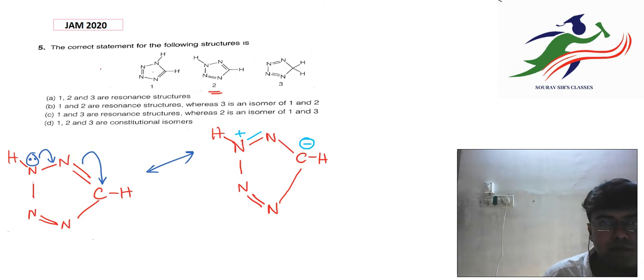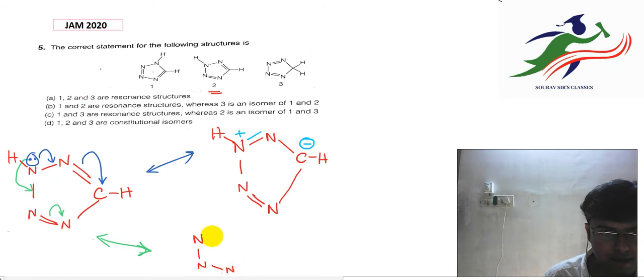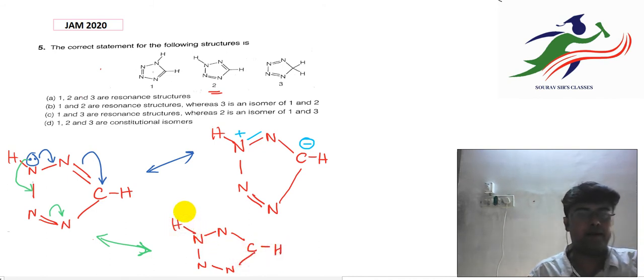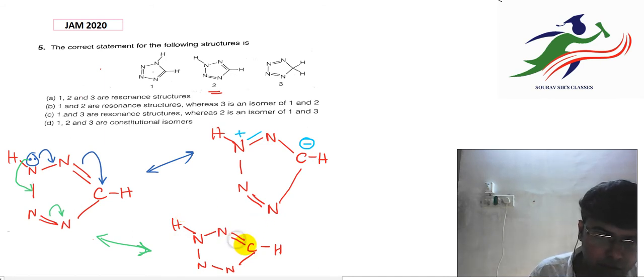Now let's do the other option that is possible over here. That means if it migrates over here, then this will happen. So another resonating structure, let me draw over here. Well, this double bond will be there in this case.